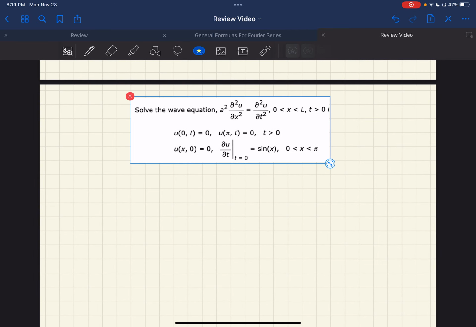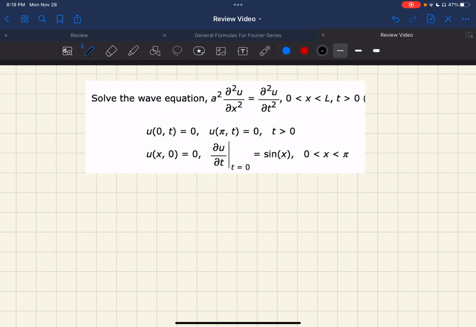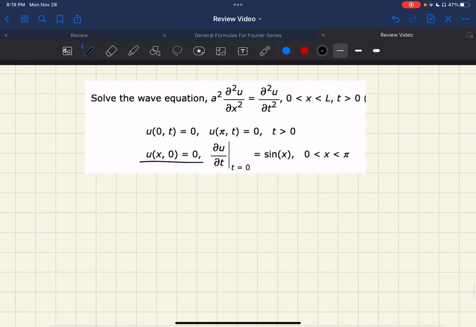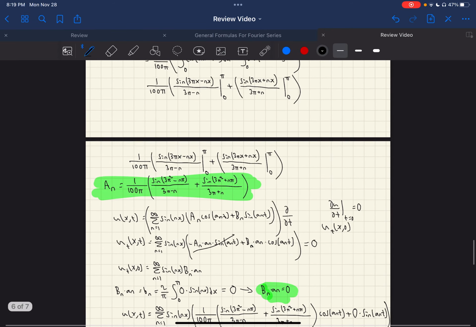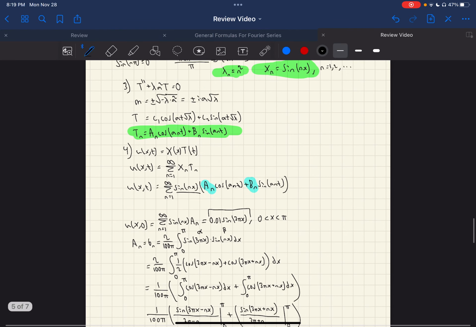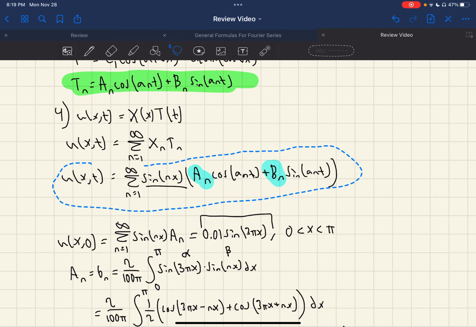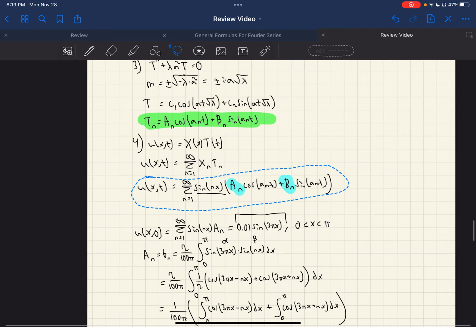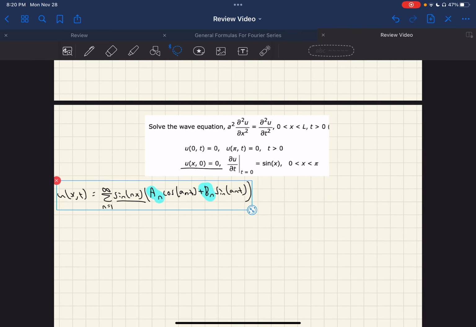So this is the exact same question, except our initial displacement, the u of x, 0, is 0, and our initial velocity, which is the partial of u with respect to t, is sine x. There's no need to redo the whole question, because it is literally the same thing, same bounds, just different initial condition, which means only step 4 changes.